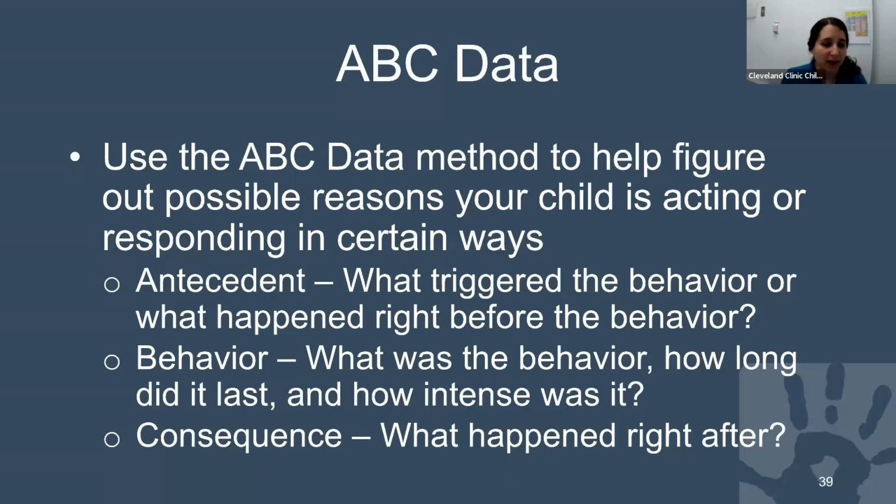So maybe kiddo stomps their foot on the floor and smacks something off the table. Well, what happened right before that? And then what was the behavior that the child did? In this scenario, it was the stomping and hitting something off the table.